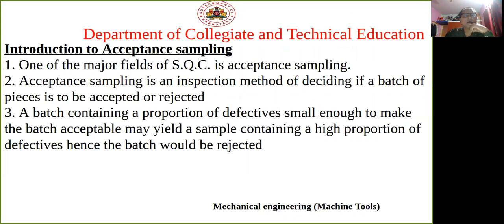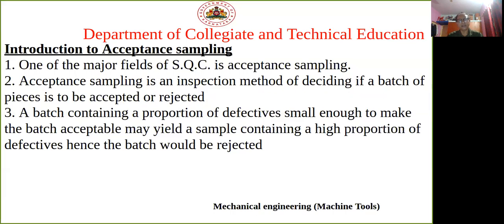In statistical quality control, in units 3 and 4, we learned about some of the major tools, like the X bar, R charts, then the P charts, NP charts, C charts, and X bar, sigma charts.